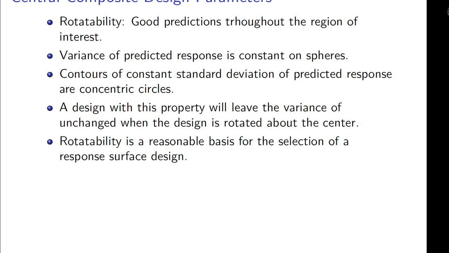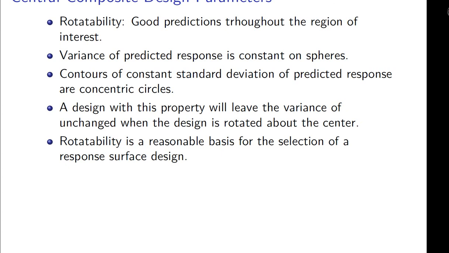And this is what one can use to evaluate or to select a response surface design. Now, this is a very general approach we're talking about, that the design has three parts. You start with part A, a fractional basis. You add center points, and then you add axial points.